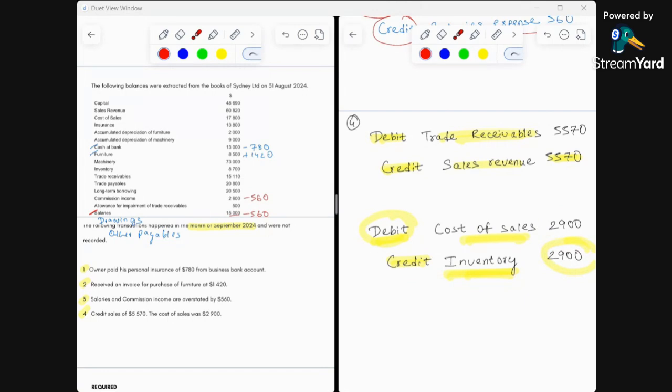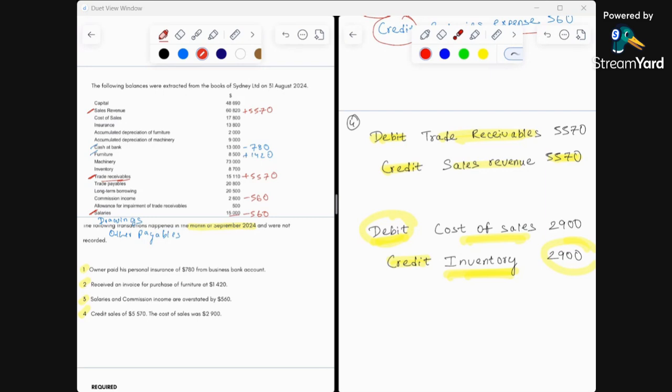First of all, we know that trade receivables, which are our assets, are increasing by 5,570. So in the account for trade receivables, which you can see on the left-hand side, I'll just add 5,570 to 15,110. And also in the account for sales revenue, I'll add 5,570 to the old balance of 60,820.